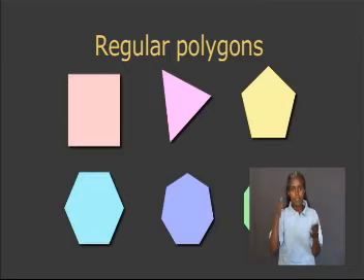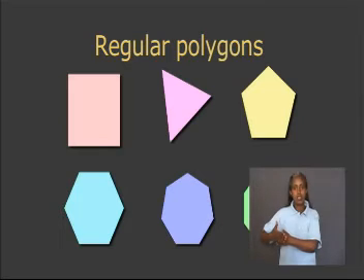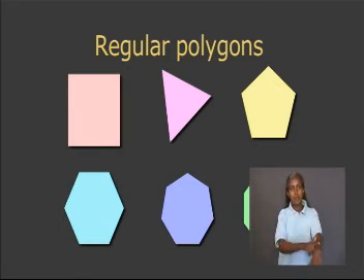As long as your shapes have 3 or more sides in which all sides are the same length and all angles are equal, then they are regular polygons.